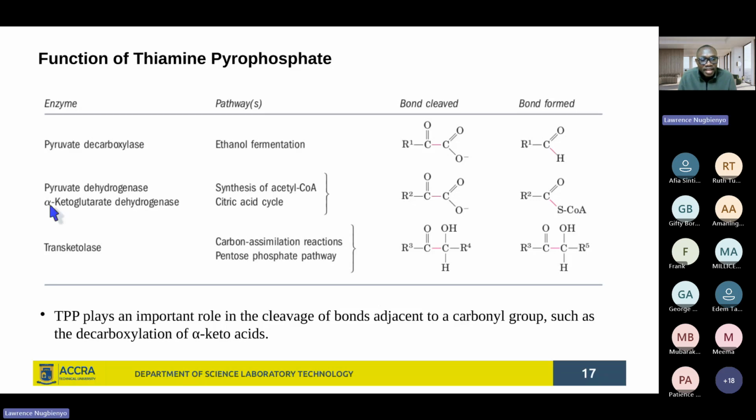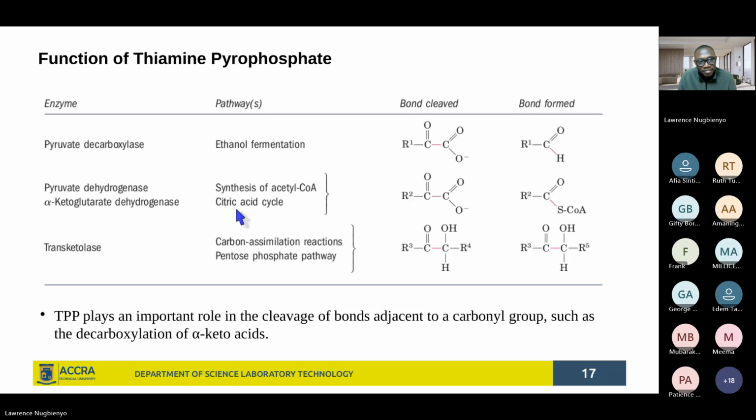We have alpha-ketoglutarate dehydrogenase. This one too, you see it in the citric acid cycle, the TCA cycle, or the Krebs cycle, as you refer to it sometimes. And here too, thiamine pyrophosphate is acting as a coenzyme.